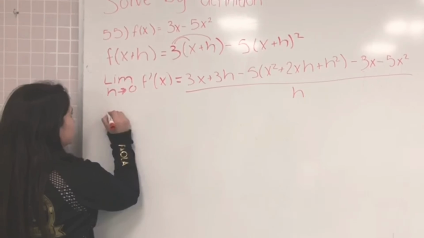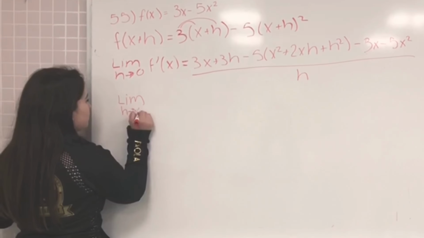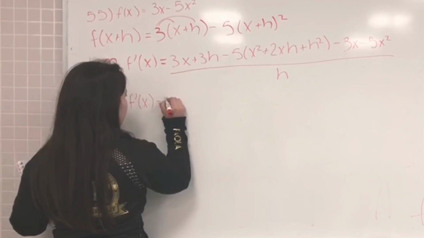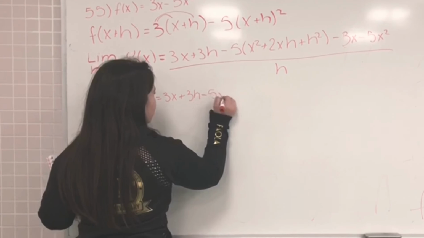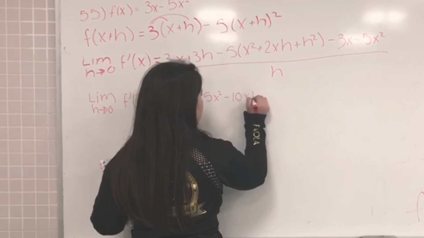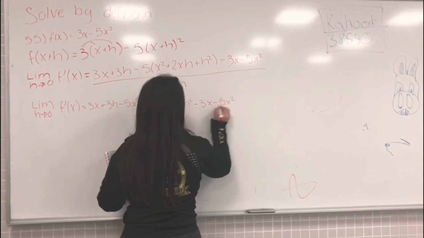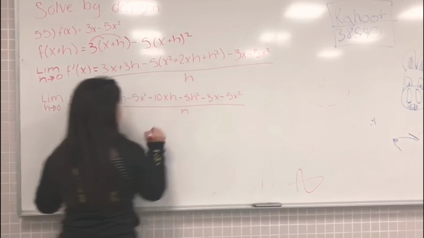Then we're going to start solving. Limit as h tends to 0 of f prime of x would be 3x plus 3h minus 5x squared minus 10xh minus 5h squared, all divided by h.